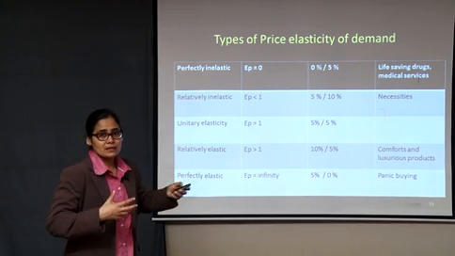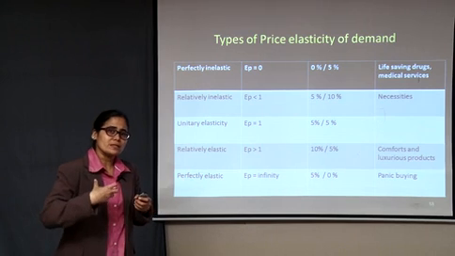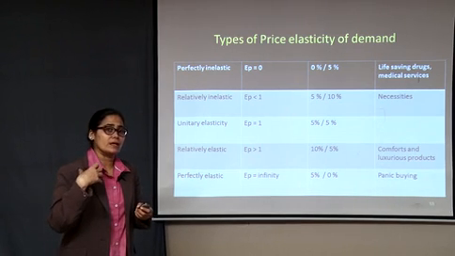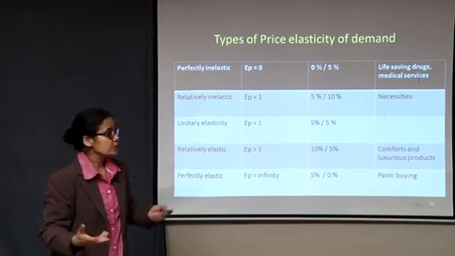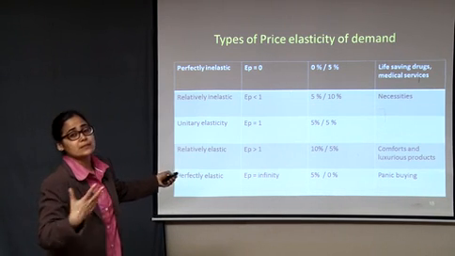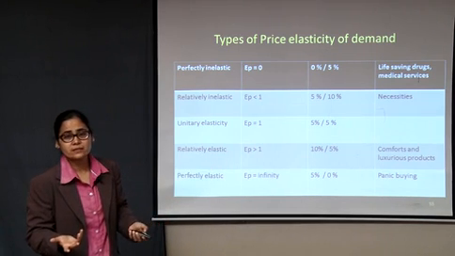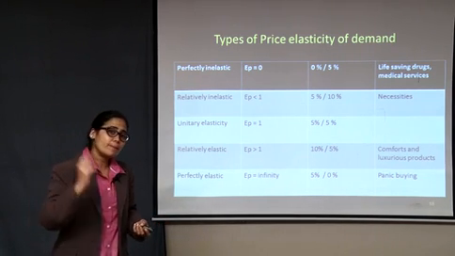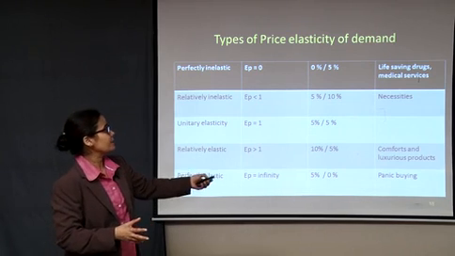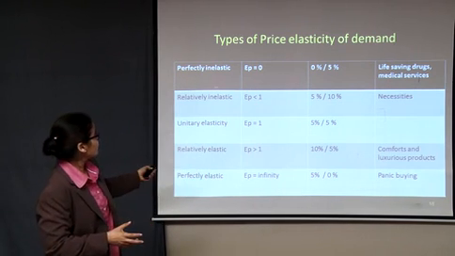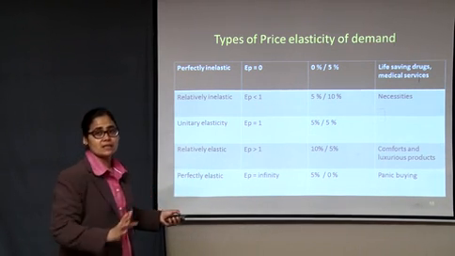The more necessary or essential the product is in your life, the more you will be price insensitive. So see, life-saving drugs and medical services. What happens? People pay whatever is the price to get these services. So that is why they come under perfectly inelastic.